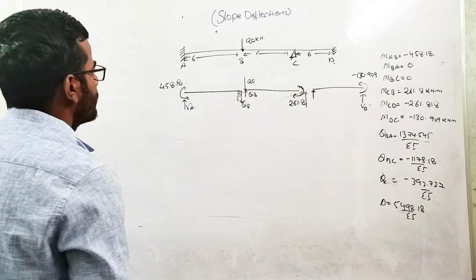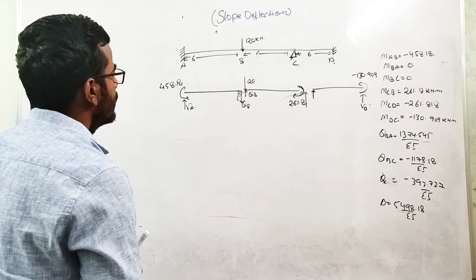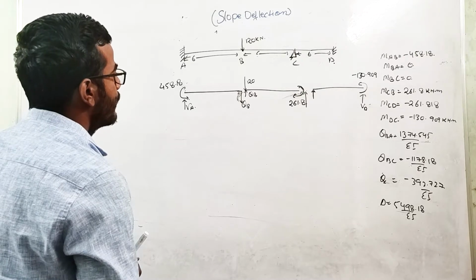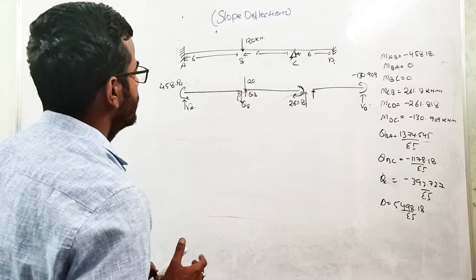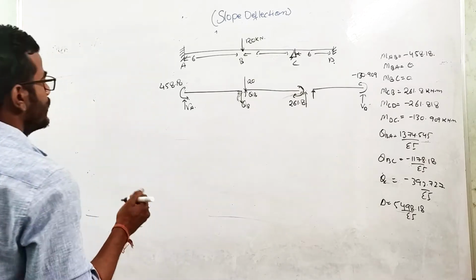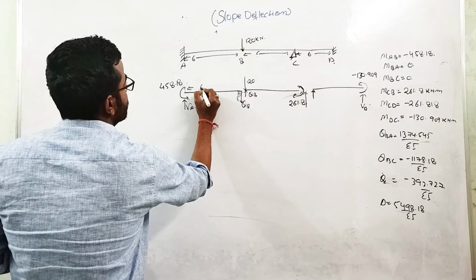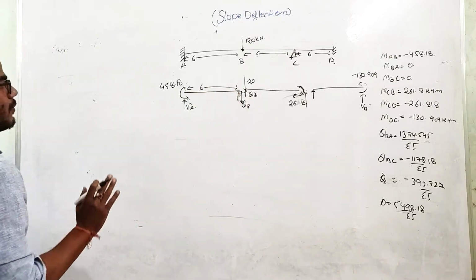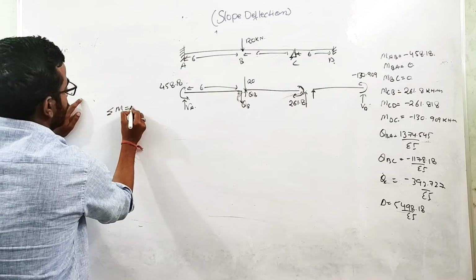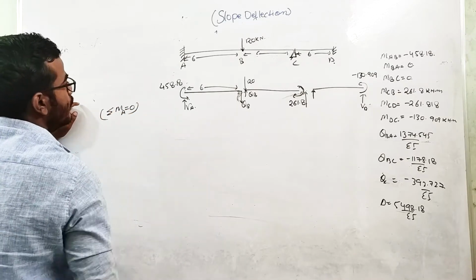So now let us first calculate the value of the QB force. If this distance is 6, I can take summation M equals 0.